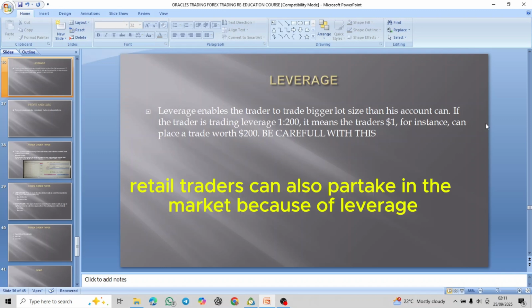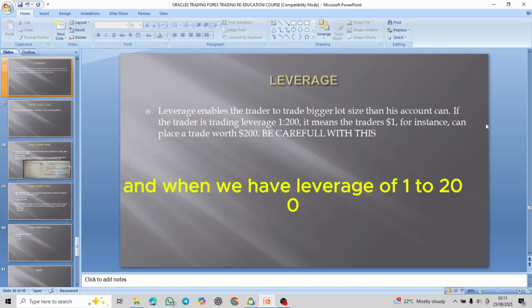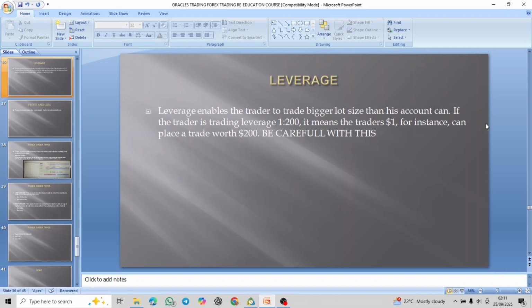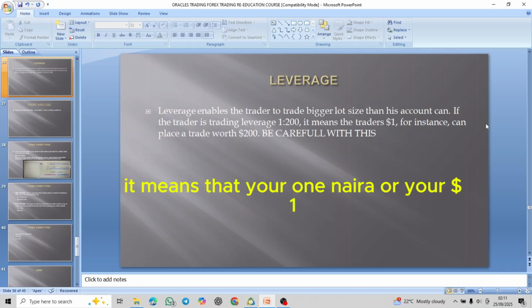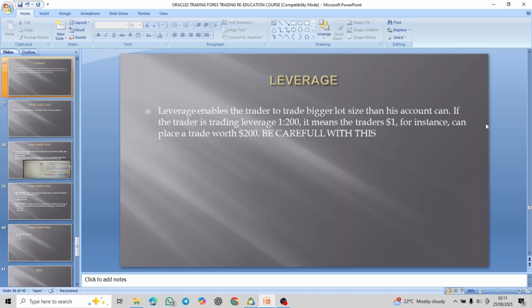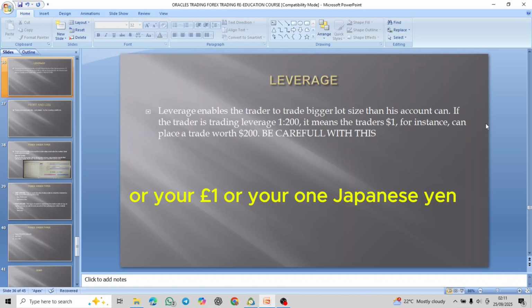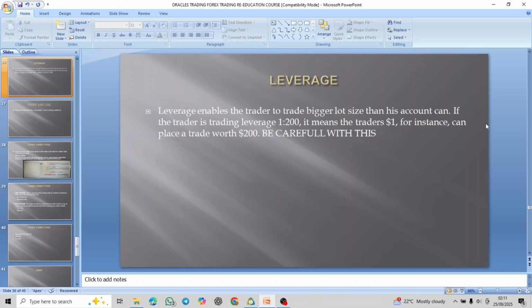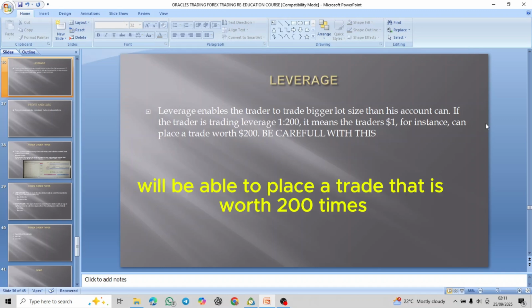Retail traders can also partake in the market because of leverage. When we have leverage of 1 to 200, it means that your 1 naira or your $1 or your £1 or your 1 Japanese yen will be able to place a trade that is worth 200 times.